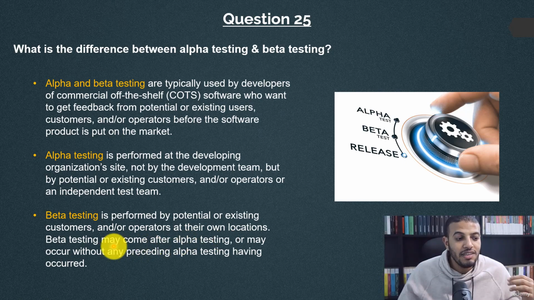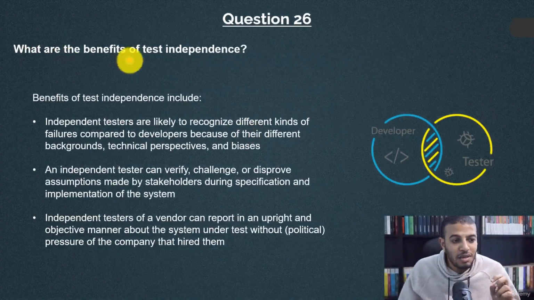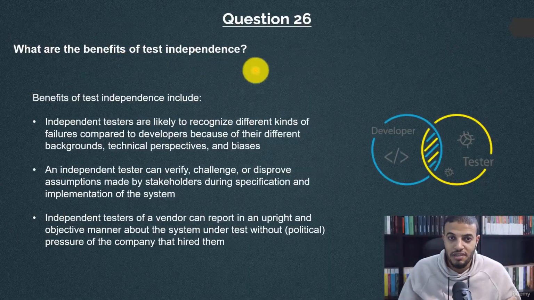Beta testing, like we said, may come after alpha testing, or it may occur without any preceding alpha testing having occurred. So we have two situations. We may have alpha testing and then we have beta testing, or we may only have beta testing before releasing the software to users.